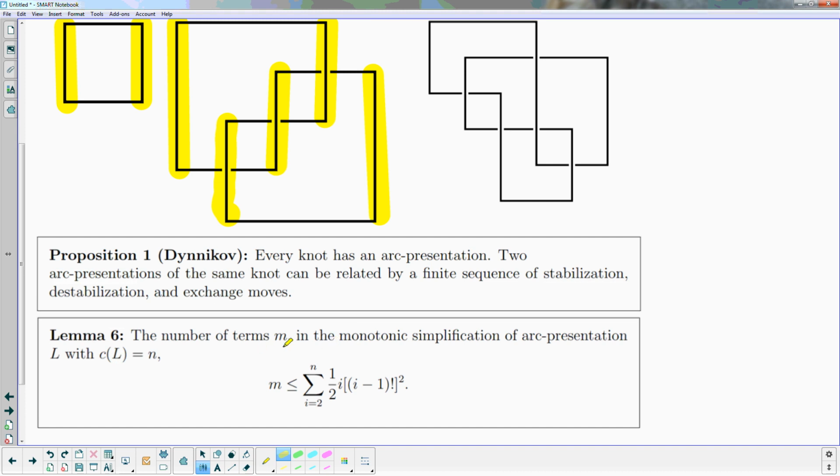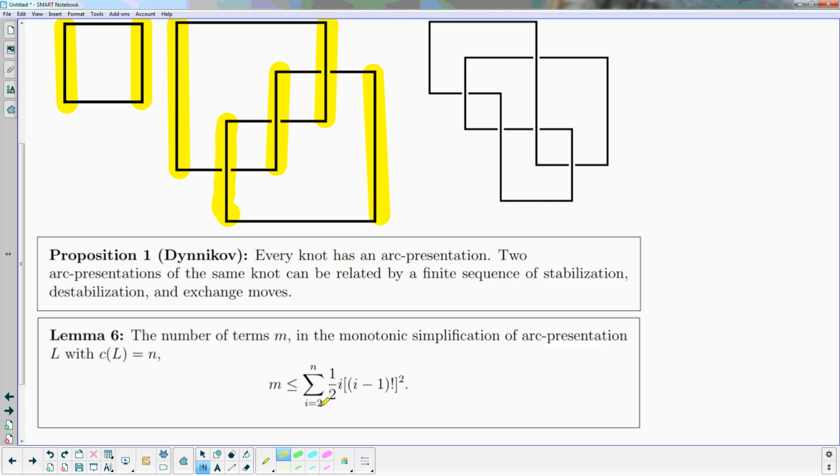The last thing, really focusing on arc presentation, is that the number of terms of this summation that deals with the complexity is less than or equal to this summation, and that just has to do with looking at every arc presentation on your way from your nasty unknot down to complexity 2.